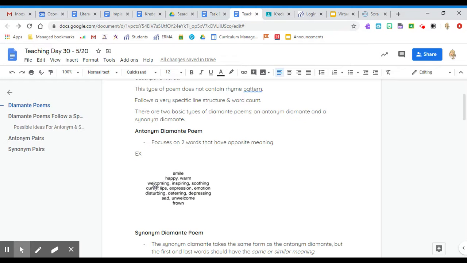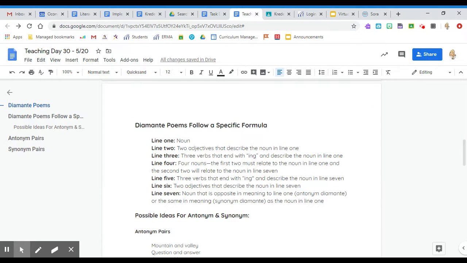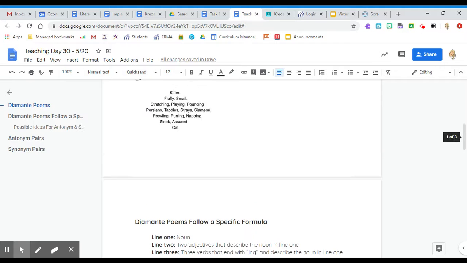And then, if we look down here, people describe this in 2 types of ways. This one has it as 4 nouns. The first 4 must relate to the noun in line 1, and the second 4 will relate to the noun in line 7, so that's your end line.